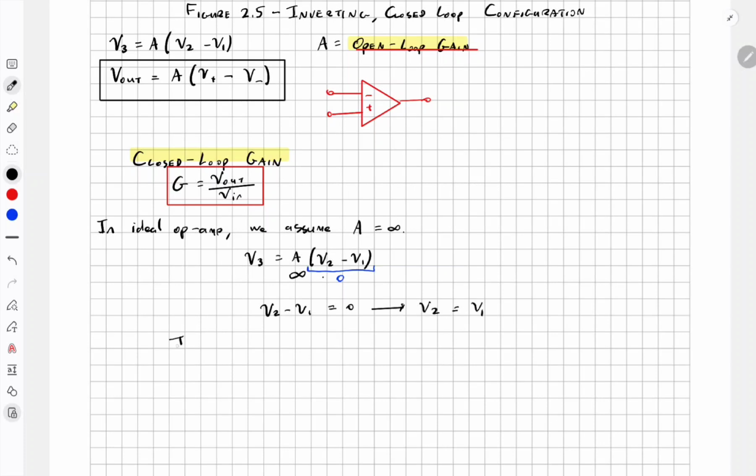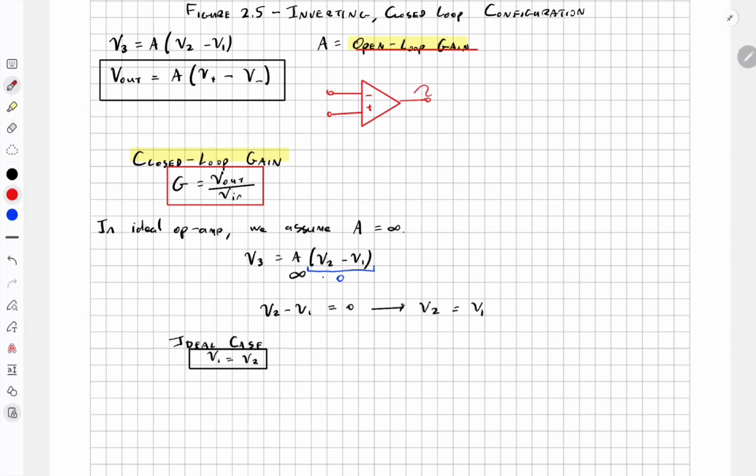So, in the ideal case, V1 equals V2. For the ideal op amp, V1 equals V2. Why? Because the gain is infinity.